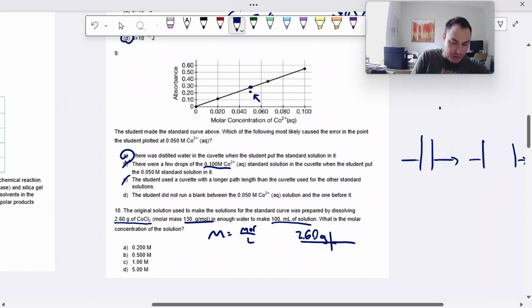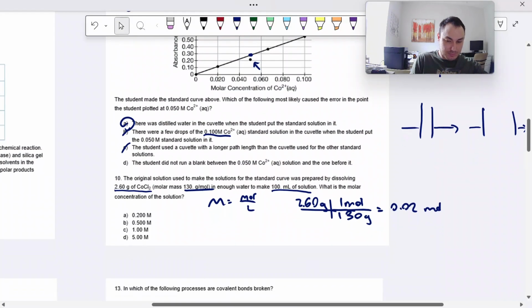It's 130 grams per mole. So 2.6 divided by 130 is 0.02 moles of the cobalt-2 chloride.